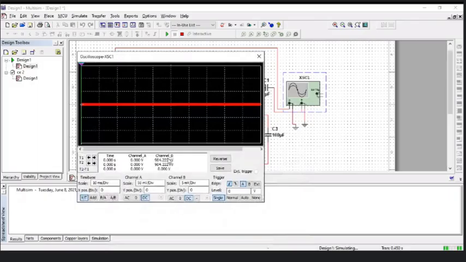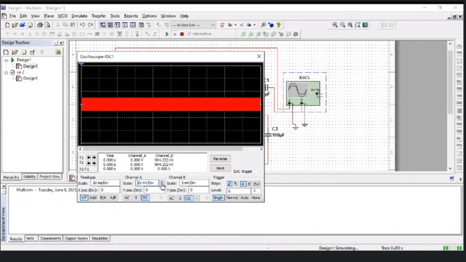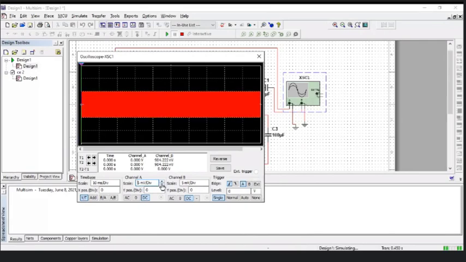Channel A. Fine. So, Ankush, the volt per division scale, you just increase it. Increase means the signal increases, scale decreases. Now okay, further.